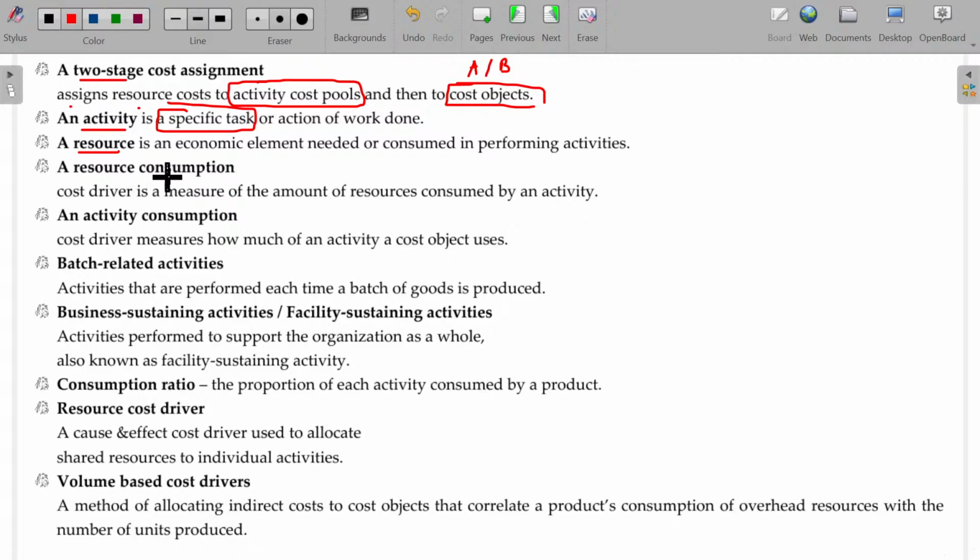Resource consumption, activity consumption, all this okay. And cost driver. A cause and effect cost driver used to allocate shared resources to individual activities. So we now use the cost drivers to allocate these costs to the product. That's the main theme here.